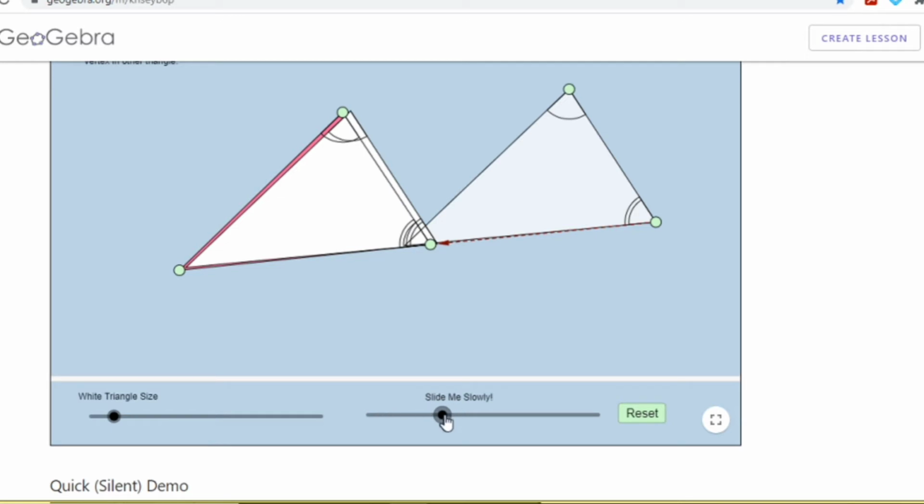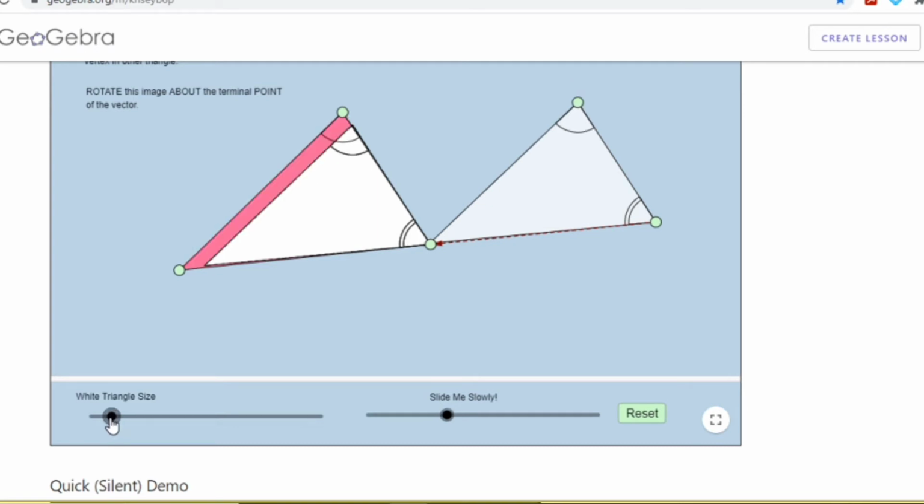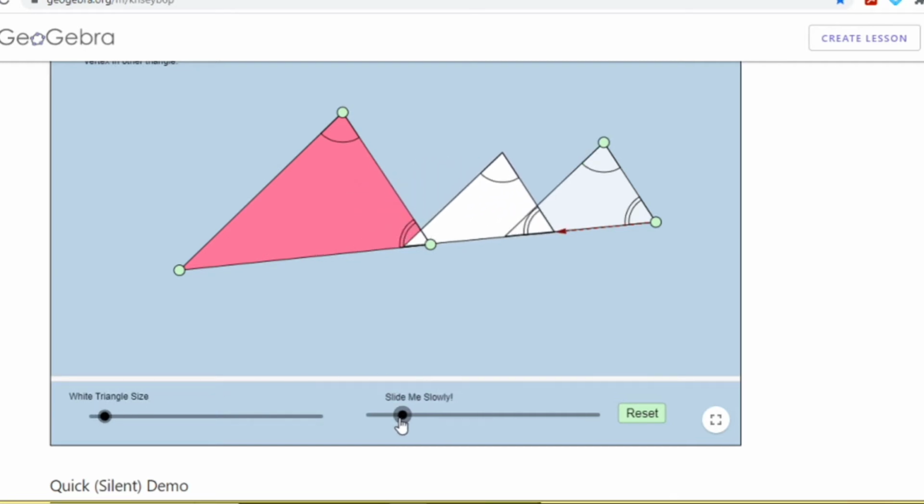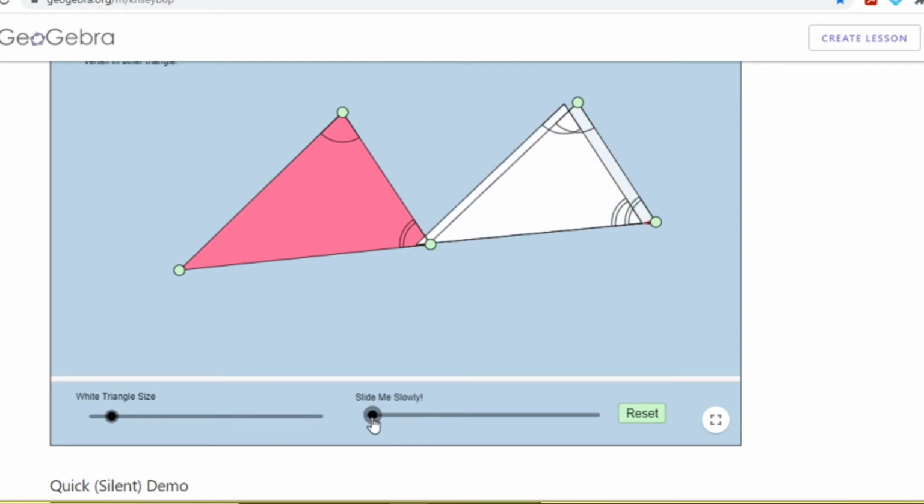Now you have studied in class 9 that if two triangles are the same in shape and the same in size, then the triangles are congruent triangles. So previously the white triangle, when its size was smaller than the pink triangle, was similar to the pink triangle. But now when I made it equal in size to the pink triangle, it became congruent.